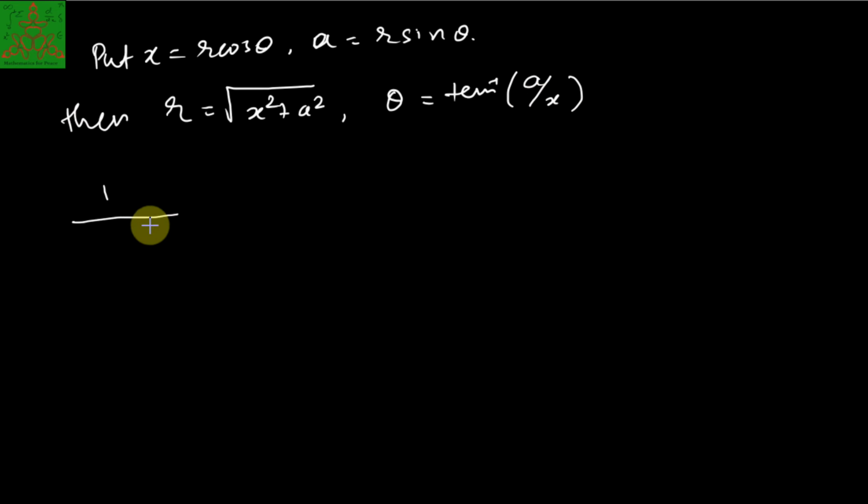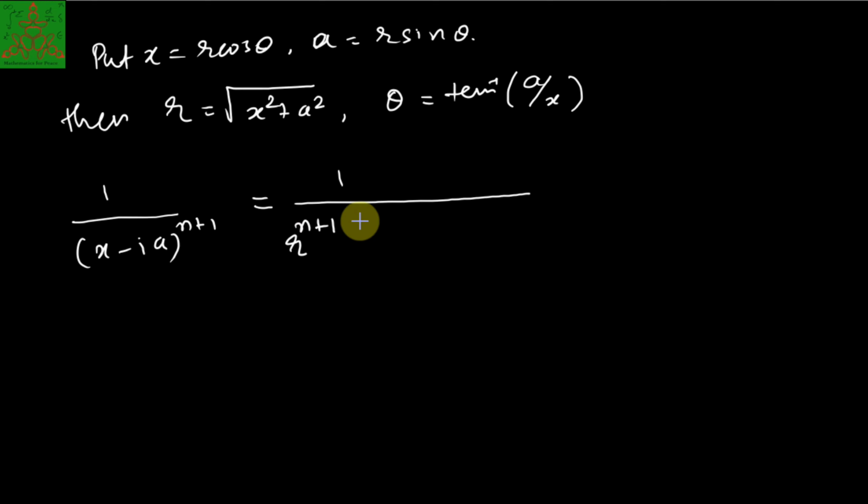So what will be x minus i a power n plus 1? If I substitute, it is 1 upon r cos theta minus i r sin theta. Substituting, r will be common, so r power n plus 1 is common.